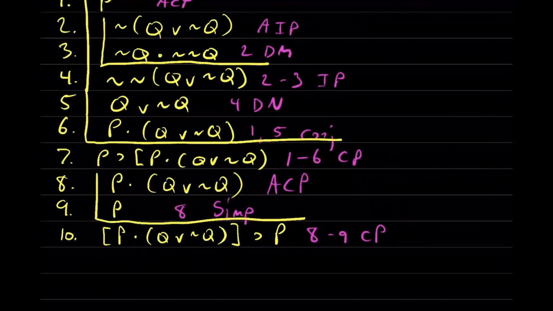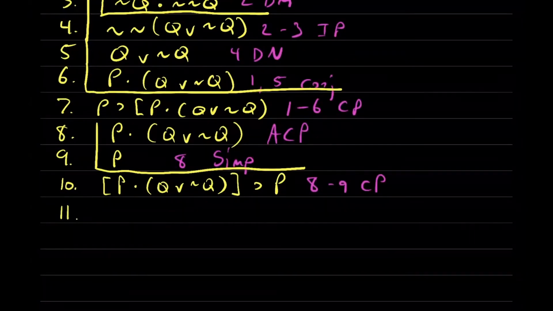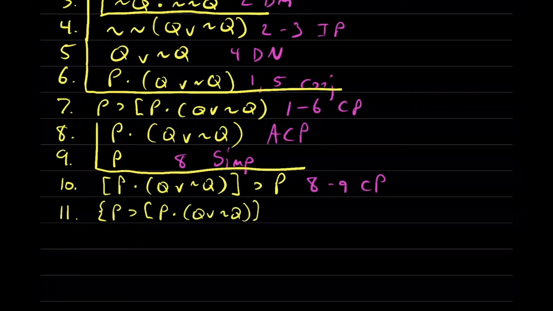But what I need to do now, in order to use the equivalence rule, is conjoin those two statements together. So I need to take the statement on line 7 and the statement on line 10 and conjoin them together, and then I can apply the equivalence rule. Which means in order to do this, I'm going to have to introduce some curly braces here. So let's start with line 7. We're going to have P implies, in a bracket, P and Q or not Q, and close off that.